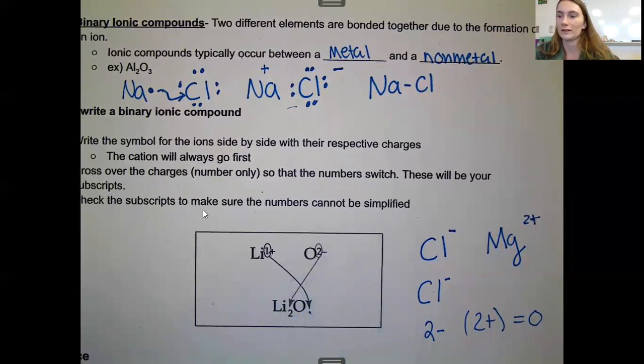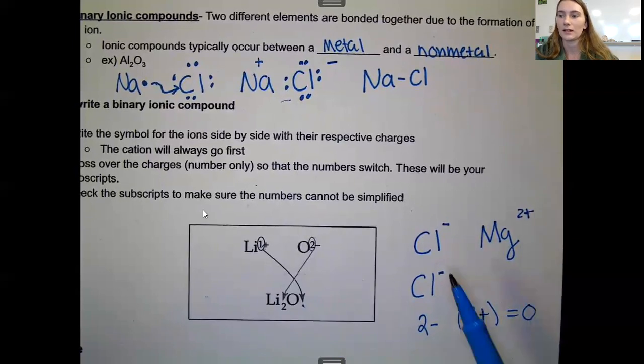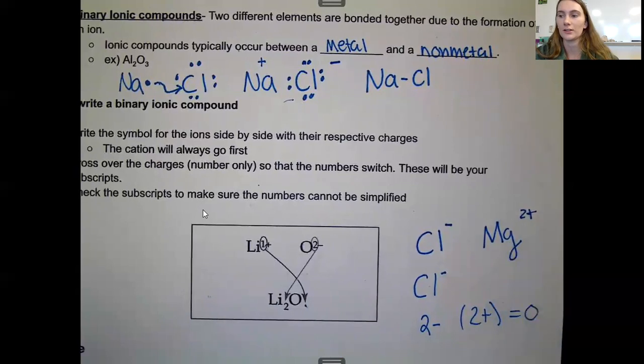My example here is, say I was trying to do chlorine and magnesium, so I was trying to form a bond between those two. What would happen if I just had one chlorine and one magnesium bonded together? If I have a 2+ and this is a minus, if these two were just bonded together, we would still have a positive charge. We would still be creating an ion.